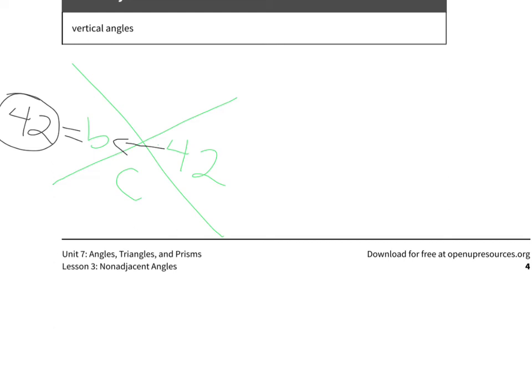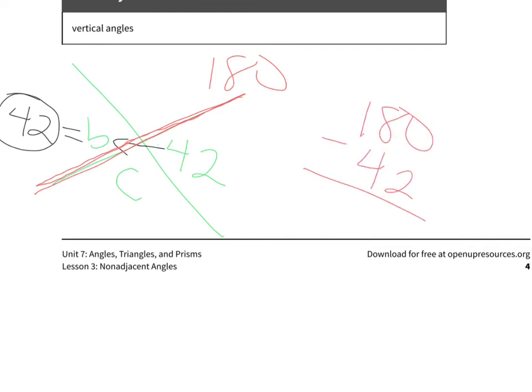To find C for number 2, we know that this measures a straight line right here. We know the measure of a straight line is 180 degrees. So to find C, we're just going to go 180 minus 42, and we get 48 degrees.